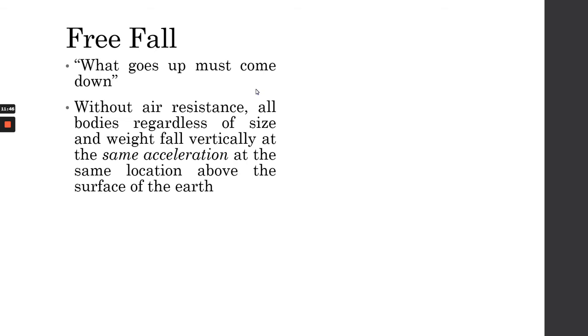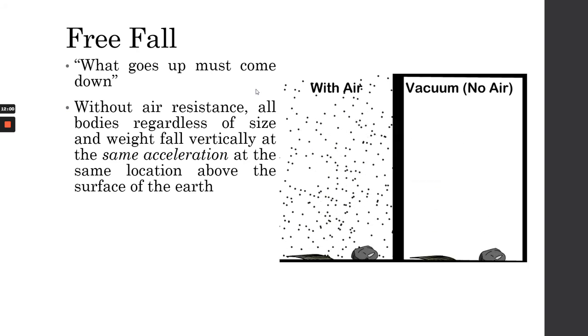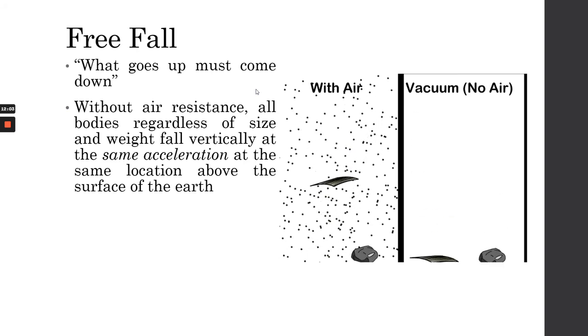And we know that without air resistance, all bodies, regardless of size and weight, fall vertically at the same acceleration, at the same location above the surface of the Earth. What do we mean by that? If there is no air resistance, meaning we remove all air particles and create a vacuum, no matter the size, shape, or weight of any materials, they fall at exactly the same time.